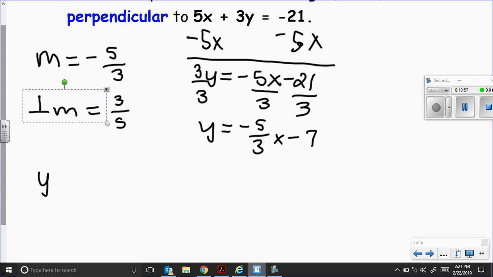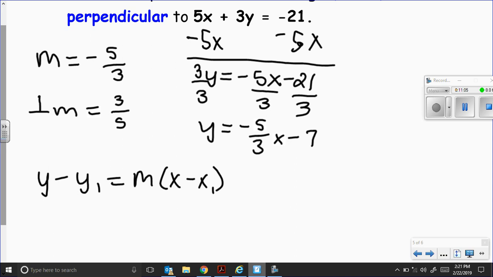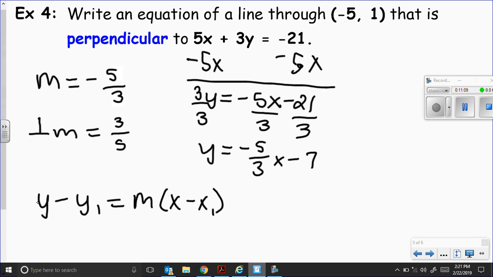So we're going to plug in y minus y sub 1 equals the slope times x minus x1. And so our point is negative 5, 1, so we get y minus 1 is equal to our slope of 3/5 times x minus negative 5.